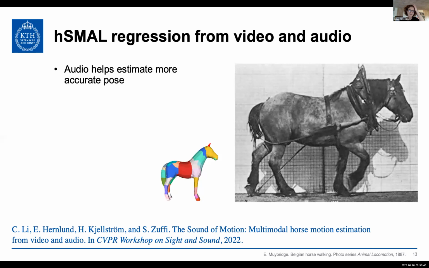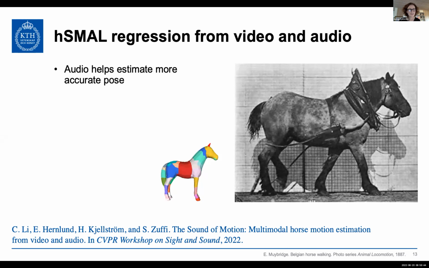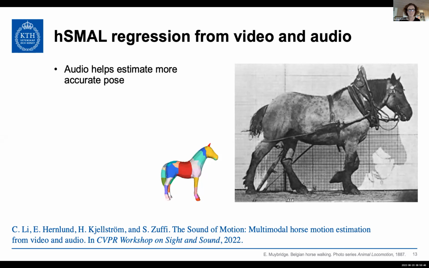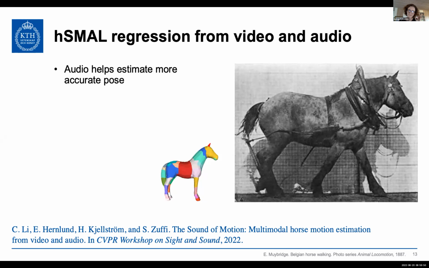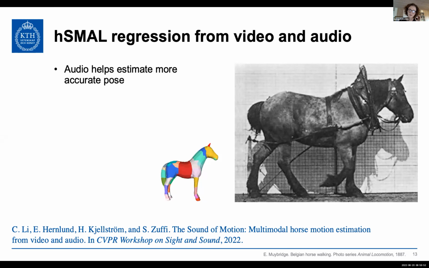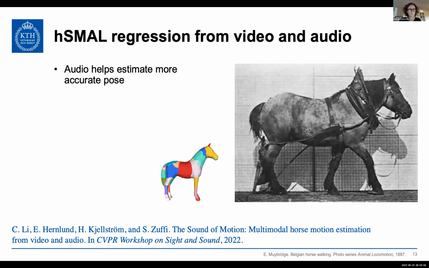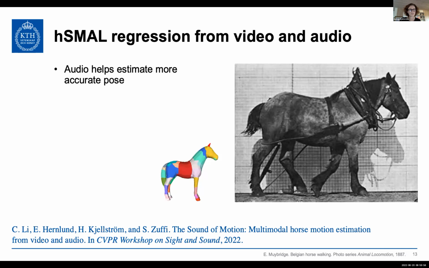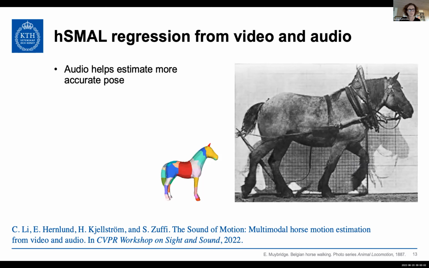Yes, as I described a few slides ago, this is what veterinarians do now. I mean, they listen to the sound as well as look at the horse. So our hypothesis here is that audio helps to estimate a more accurate pose.